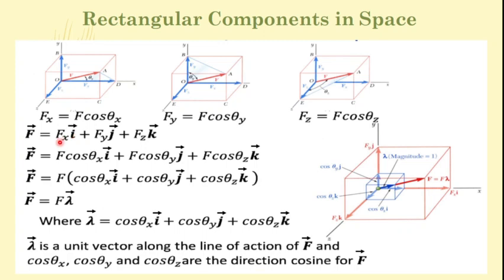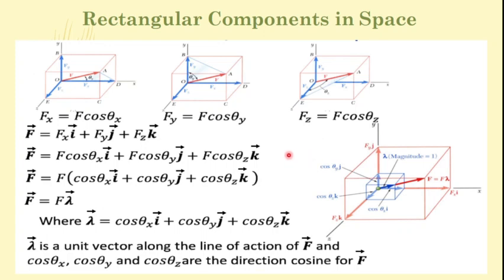If we put the values of Fx, Fy and Fz in this equation, then we get F vector is equal to F, the magnitude of the total force, F cos theta x i plus F cos theta y j plus F cos theta z k.